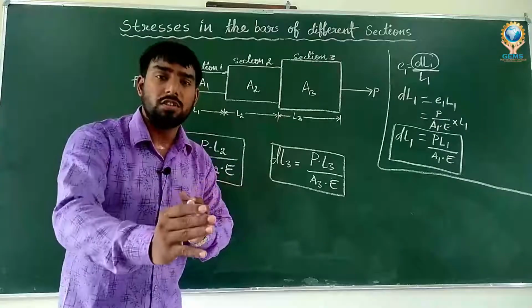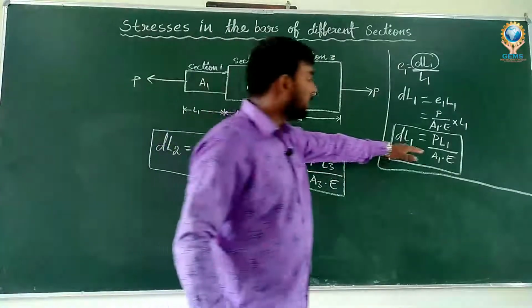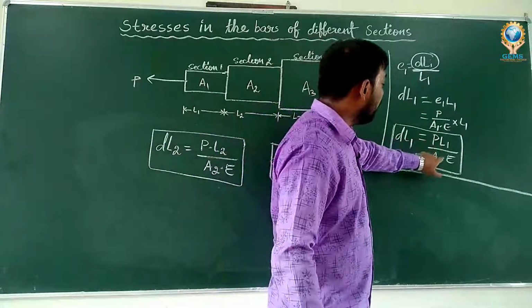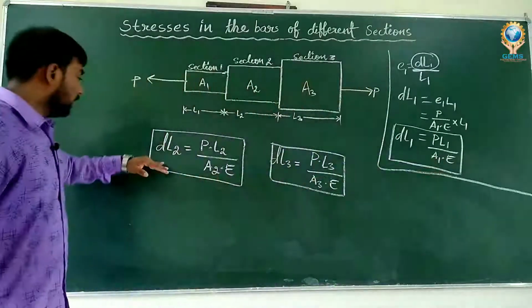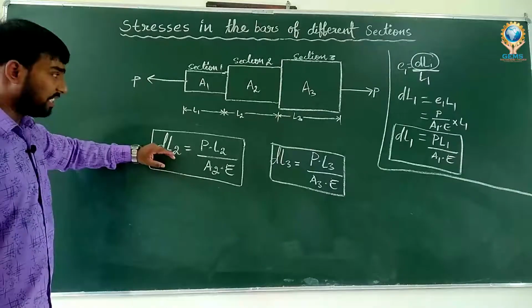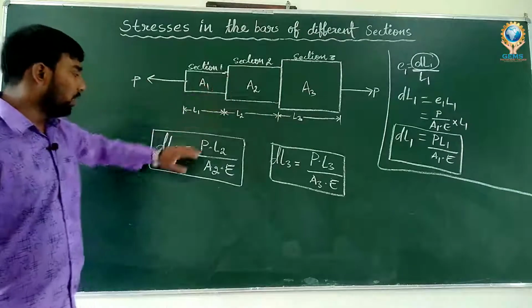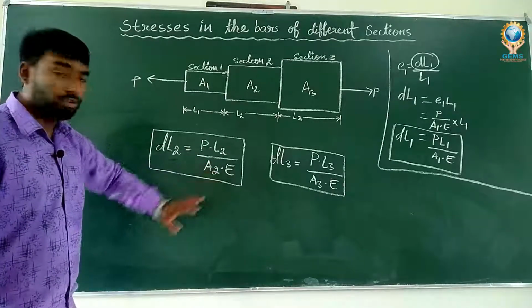First, dL1 is equal to P into L1 divided by A1 into E. Second, dL2, the extension in section 2, is equal to P into L2 divided by A2 into E.